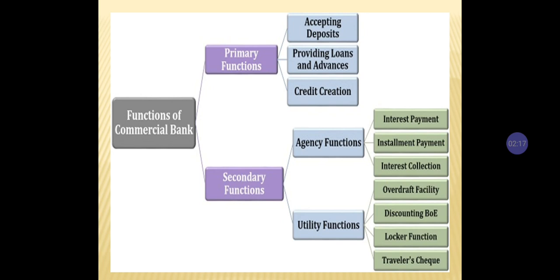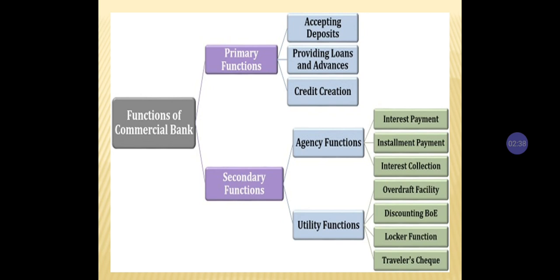In primary function, what functions are coming? Accepting deposit, providing loans and advances, and credit creation. So this is the basic primary function. Next, secondary function is agency function and utility function.